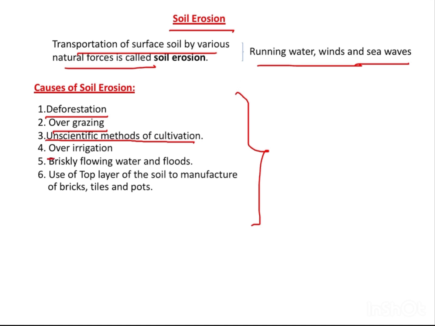Fourth is over irrigation, that is the application of excessive water to the crops or plants, that causes soil erosion. Brisk flowing of water and floods, that is the fast flow of water, and manufacture of bricks, tiles and pots using the top layer of the soil. All this causes soil erosion.